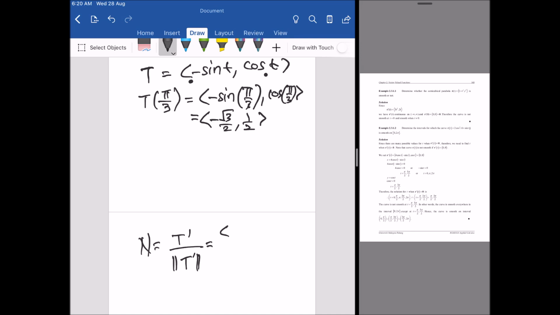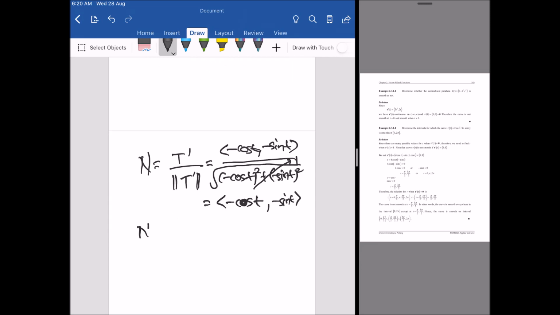Differentiating negative sin t, you will have negative cos t, and differentiating cos t gives negative sin t. Again, the magnitude of this is equal to 1. So the answer is negative cos t and negative sin t.